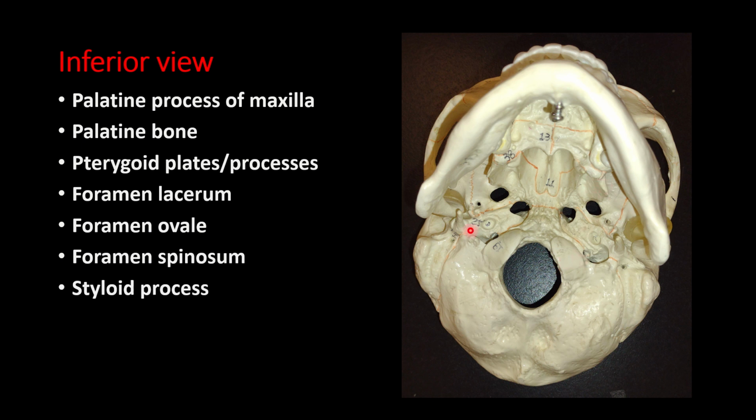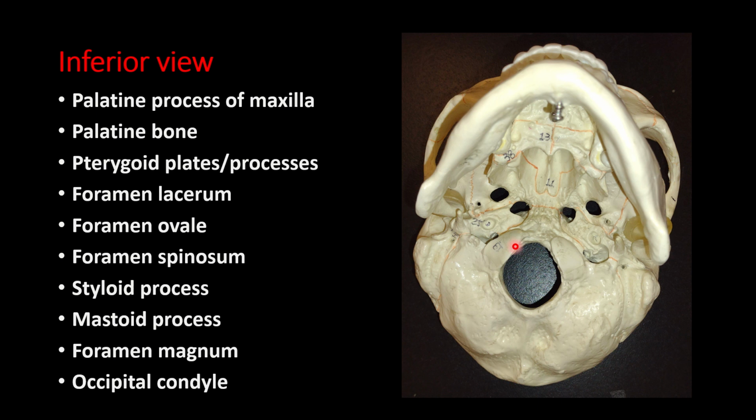And then you have the styloid process, but you could see that better in the previous image. And you have the mastoid process, foramen magnum again, and the occipital condyle that articulates with C1.